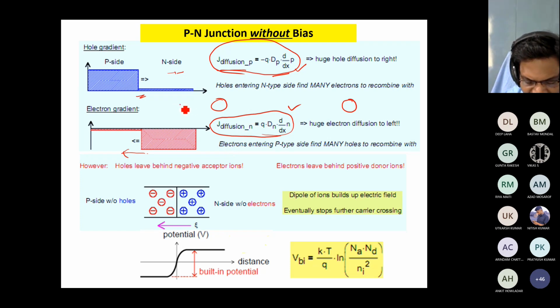In p type, the holes are generated due to what, and in n type the electrons are generated due to what? You tell me how you are getting the holes, and what is the cause of getting the holes.